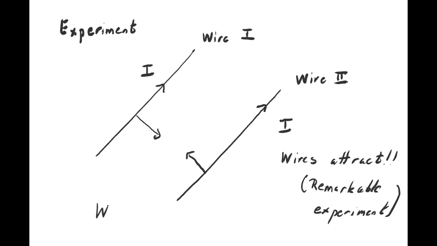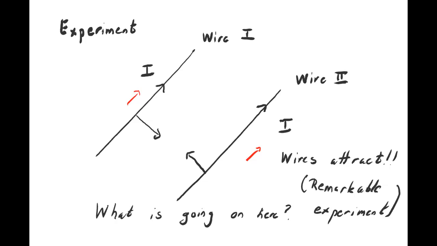So what is going on? Clearly, if I turn off the current, this force disappears and the wires are fine. But if I turn on these two currents and they go in the same direction, then these wires will attract each other.